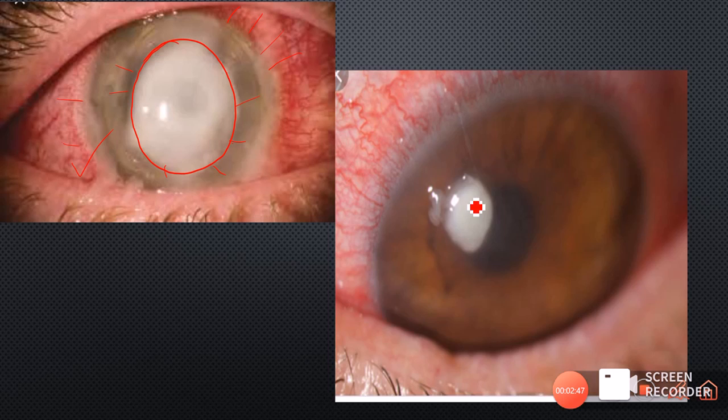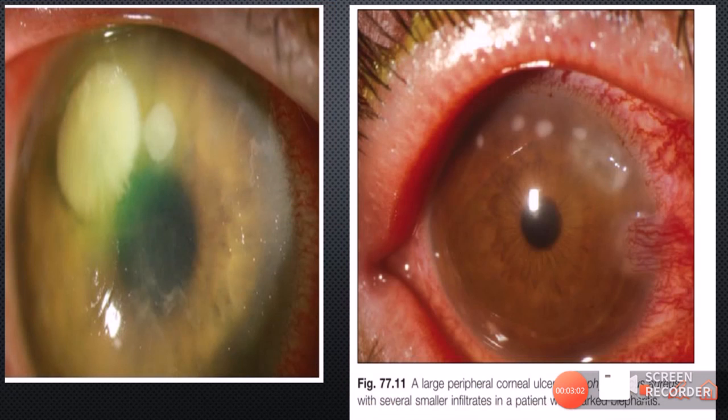Similarly, just have a look over here, round circular paracentral infiltrate. And this is also a very specific feature of Staph aureus, that it forms well localized, well circumscribed infiltrate and stromal abscesses. Similarly, over here, just have a look at this infiltrate. It is round, circular with surrounding corneal edema.